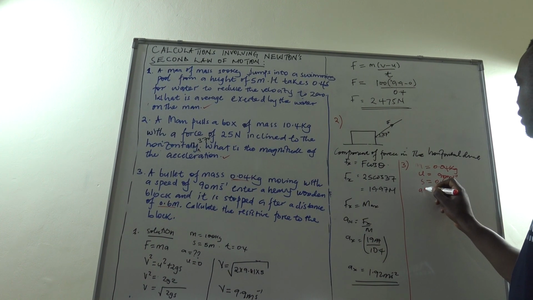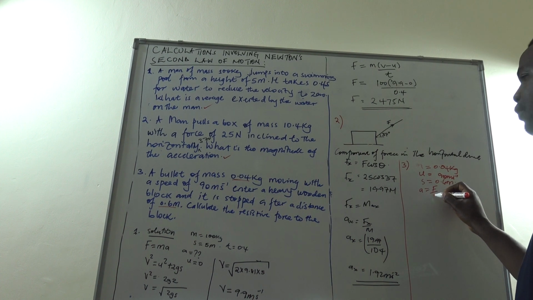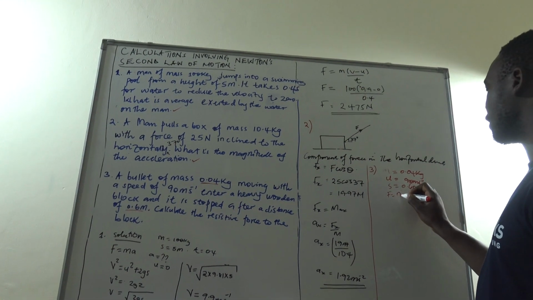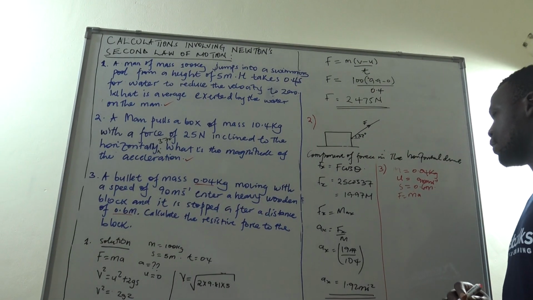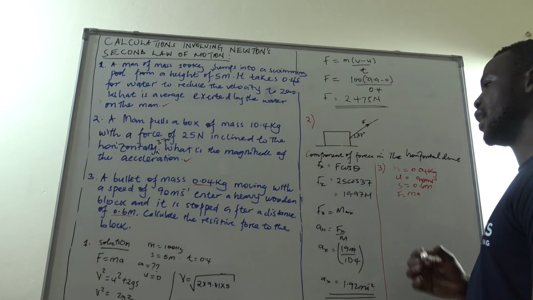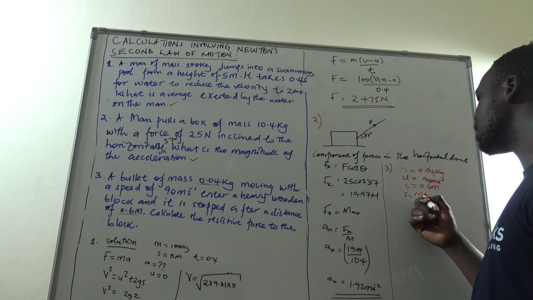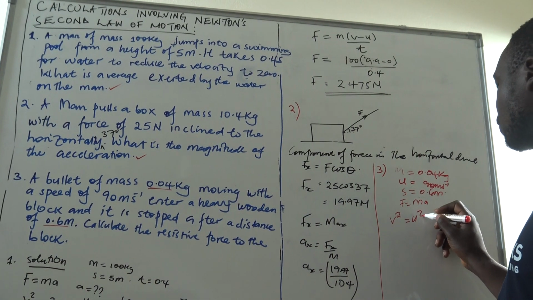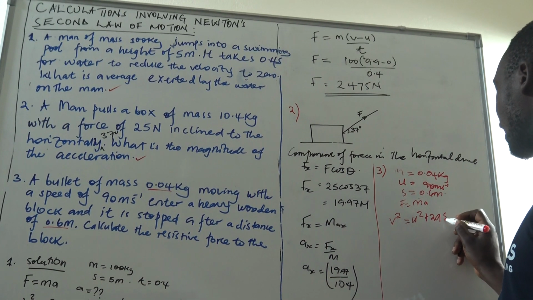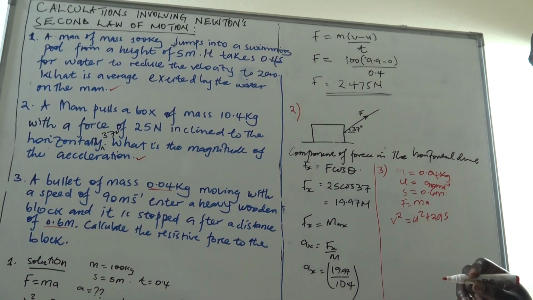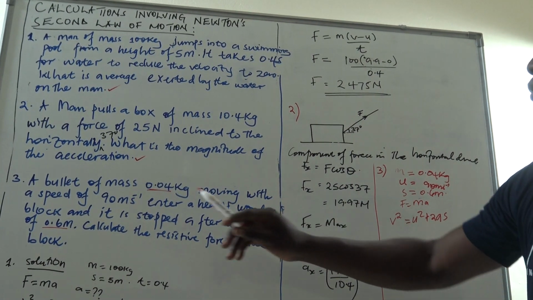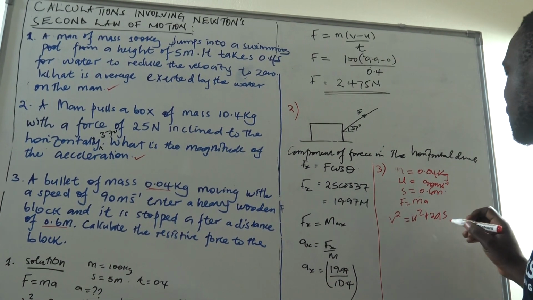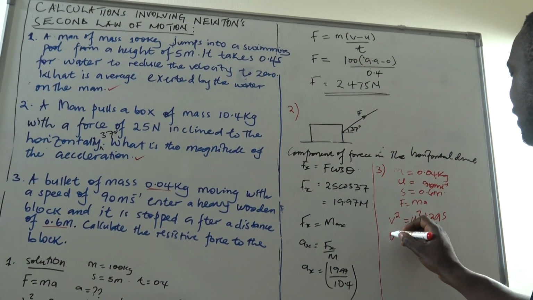We know that force is equal to ma, so we have to get our acceleration. We know that v squared is equal to u squared plus 2as. Now, they are saying that the bullet is stopped after it has moved this distance, which means the final velocity is 0.